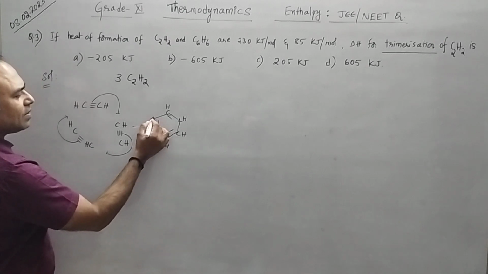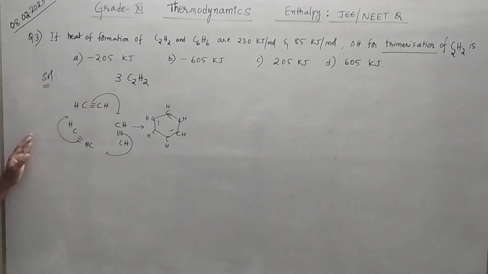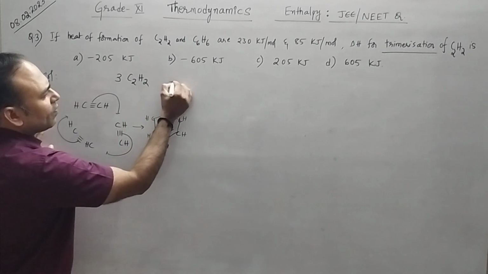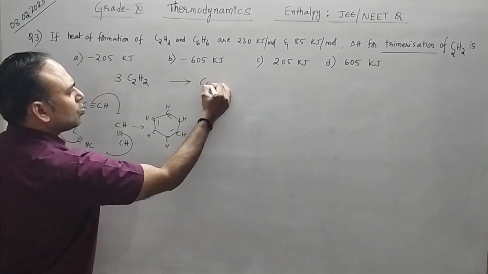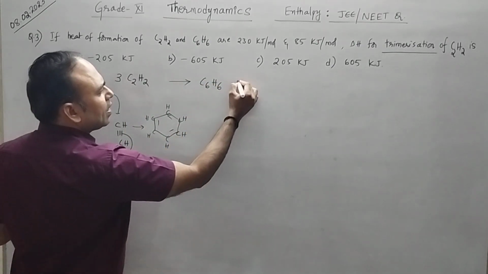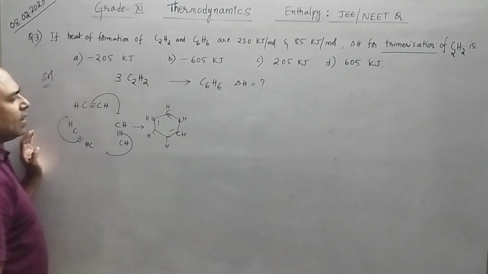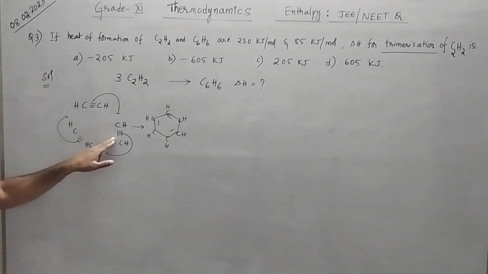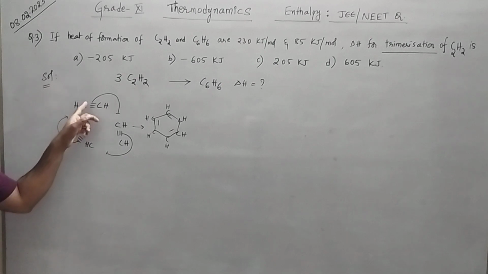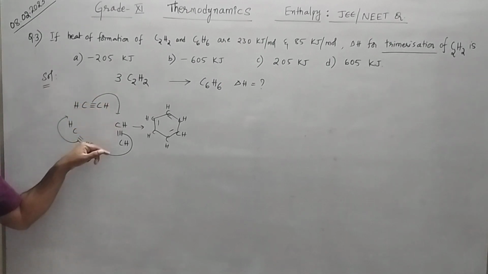Hope you are able to understand this reaction. So conversion of 3 moles of ethyne into benzene. Here they are asking what is the value of delta H. We have taken 3 moles of ethyne, so trimerization. So we have the conversion of pi bond to this. Hence you will get the benzene.